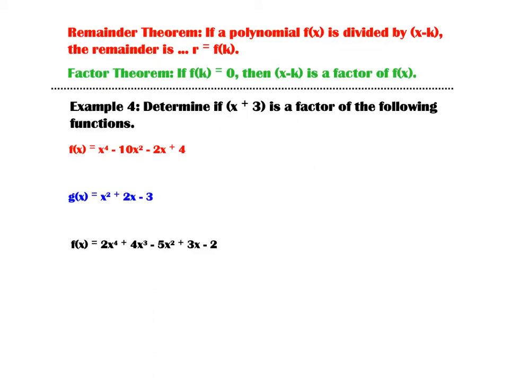Okay, so I alluded to this earlier, the remainder theorem and factor theorem. And basically what they say is if you have an inkling that a value might be a 0 or an expression might be a factor, if a polynomial f of x is divided by x minus k, then the remainder r will be f of k.